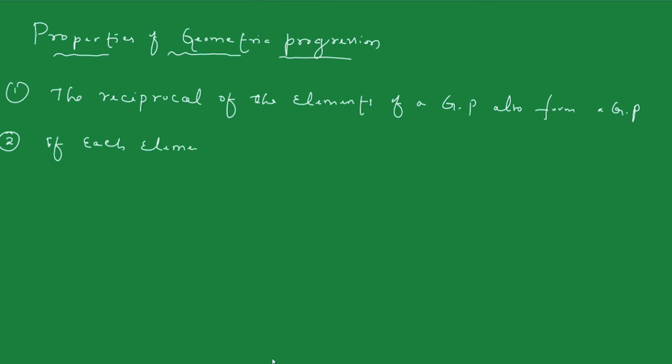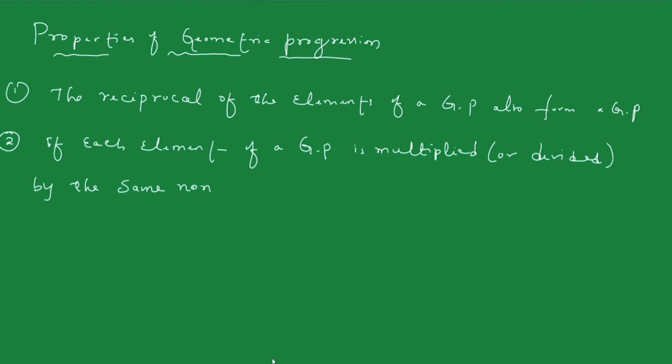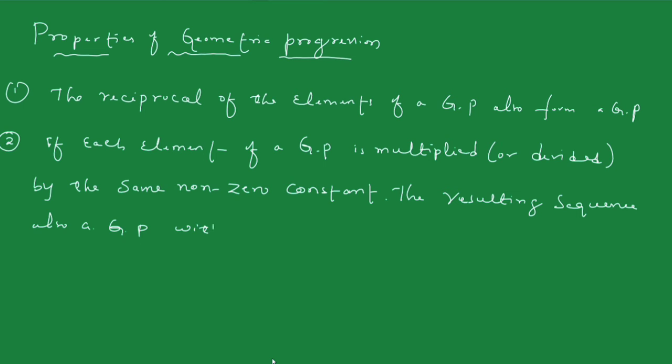Second one, if each element of a GP is multiplied or divided by the same non-zero constant, the resulting sequence is also a GP with the same common ratio, right?